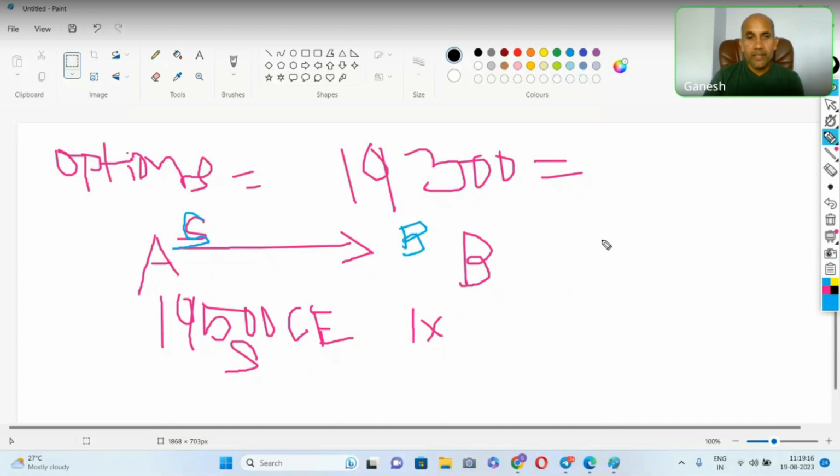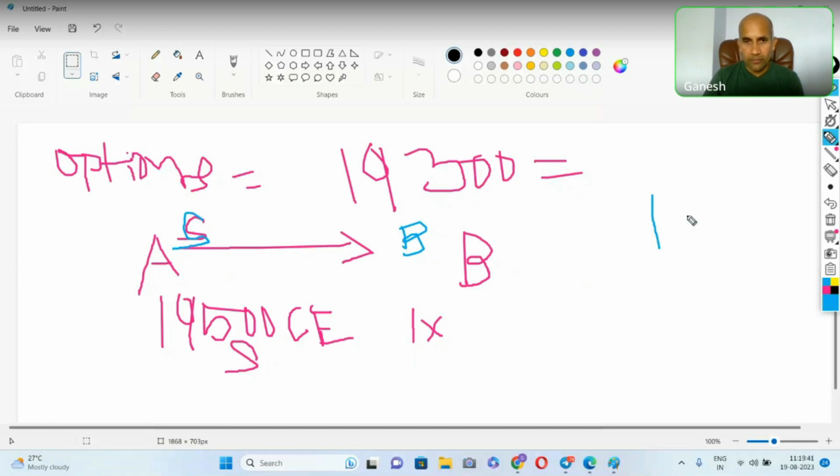How many contracts are open? There is one contract between A and B. A sold one lot to B, and B bought one lot. So there is one contract sold, one contract bought.